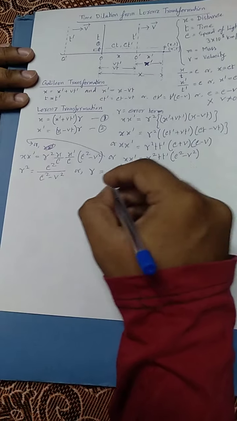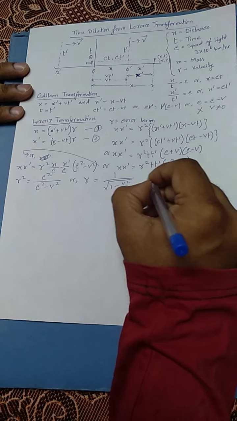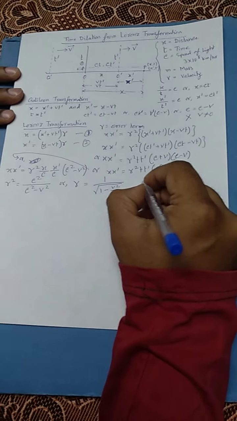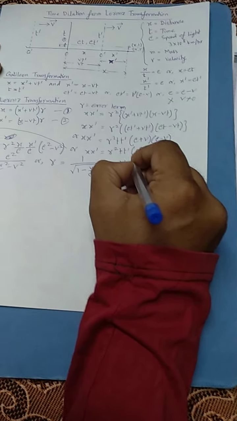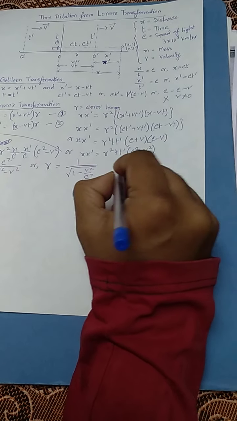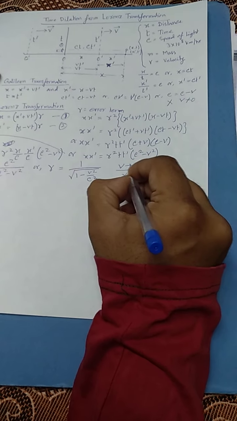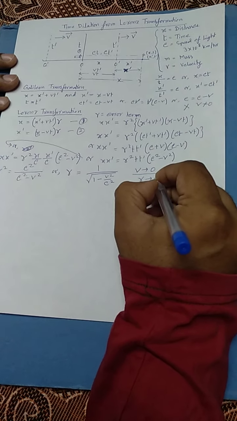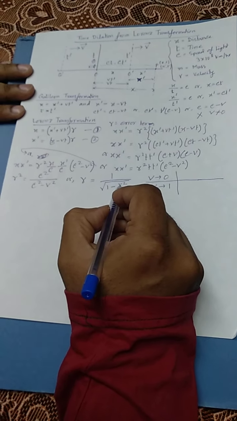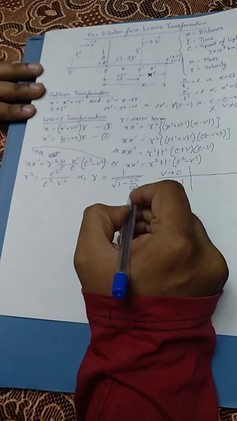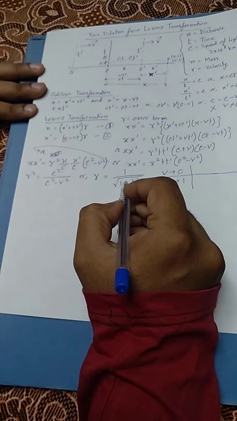Now let's see the property of gamma: it varies from 1 to infinity. If v is close to 0, then the value of gamma is close to 1. If I put v equal to 0, this term vanishes, so 1 by 1 is equal to 1.